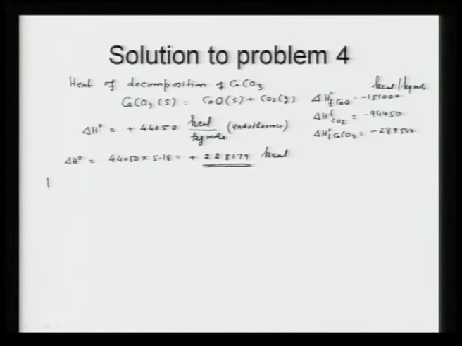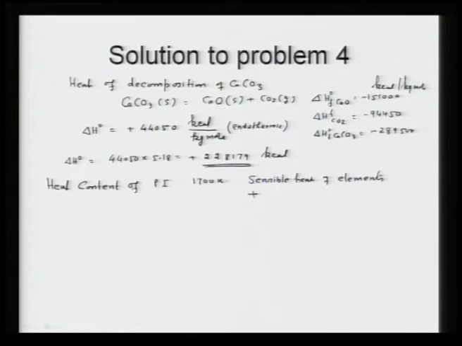Now, we have to calculate the heat content of pig iron. The temperature is given as 1700 Kelvin. So, the heat content in pig iron will consist of sensible heat of elements, which probably all of you know.